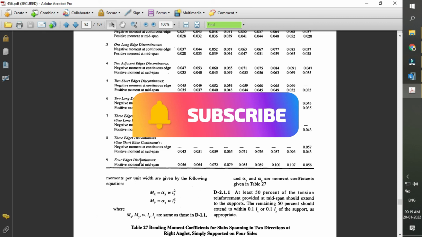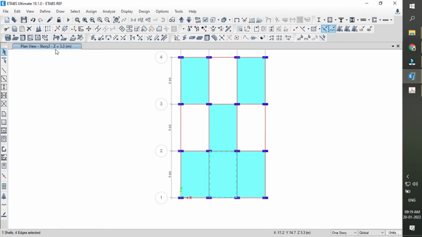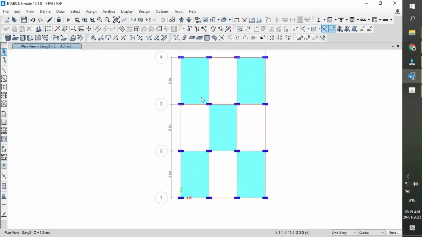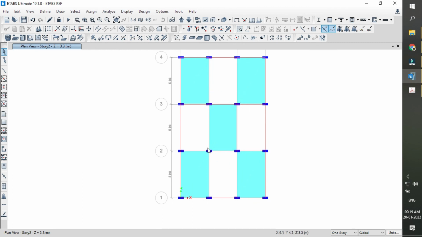Case number 9 is four edges discontinuous, which means there is no slab on all four sides. So this slab is to be designed for case number 9. I hope you understand how to consider these moment coefficients for these 9 cases with respect to the continuity of the adjacent slabs.